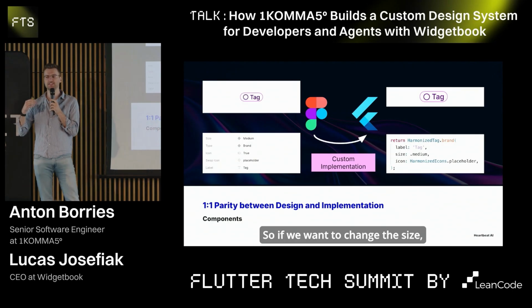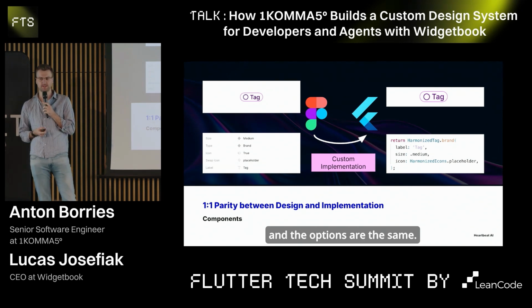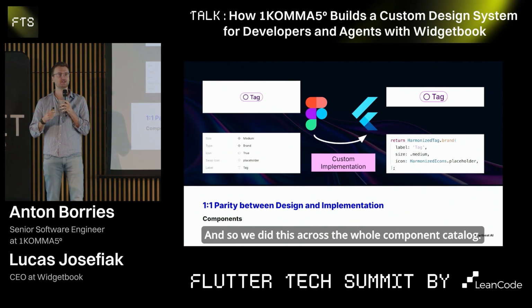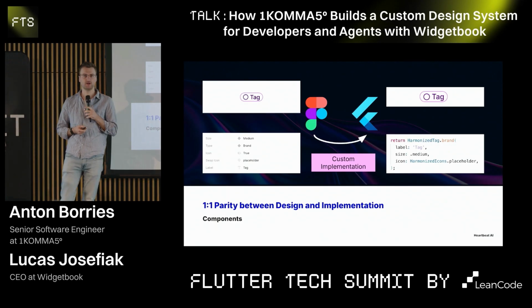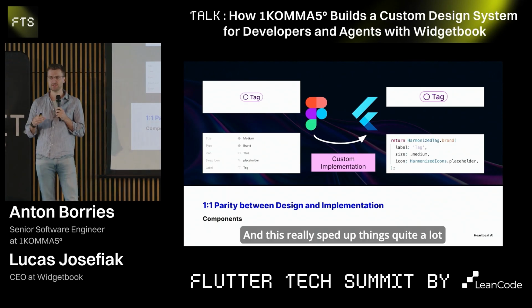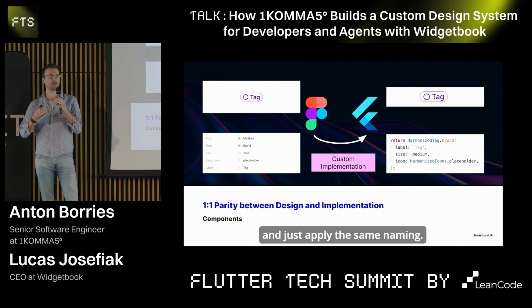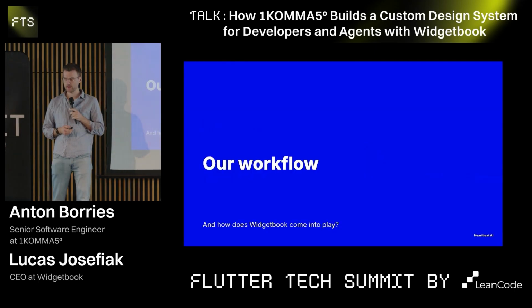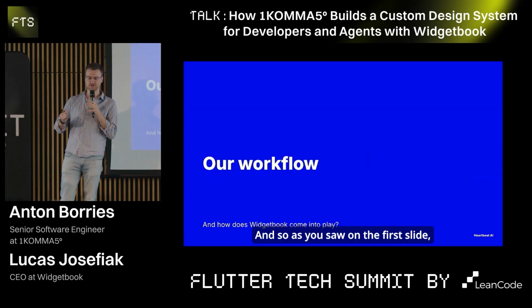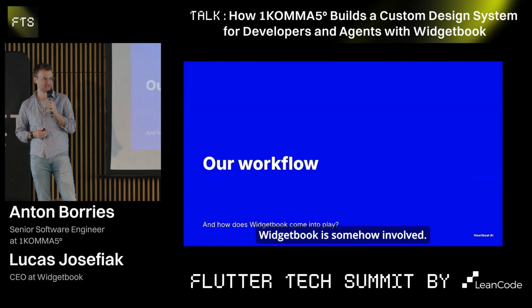So if we want to change the size, then the parameter is called the same and the options are the same. And so we did this across the whole component catalog. And this really sped up things quite a lot, because you could just look at something in Figma and just apply the same naming.